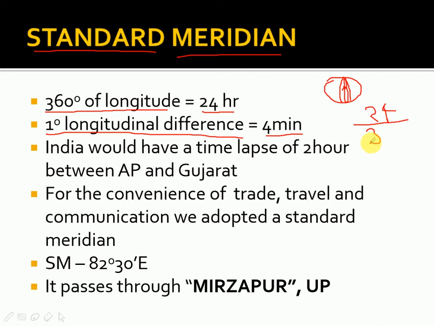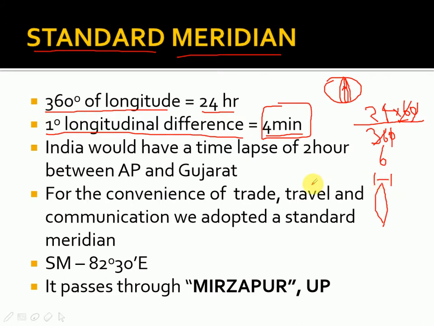Okay, so when you do that, you get something in minutes, because 24 hours is 24 into 60 minutes. So 1/6 of 24 is 4 minutes. So if there is a separation of 1 degree longitude between the place where you live and I live, then the time difference between our zones would be 4 minutes.